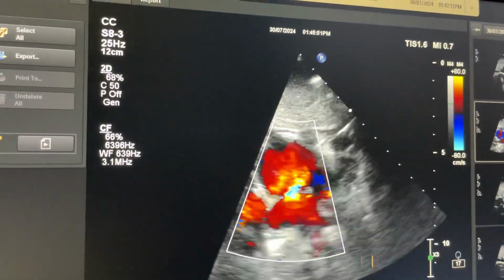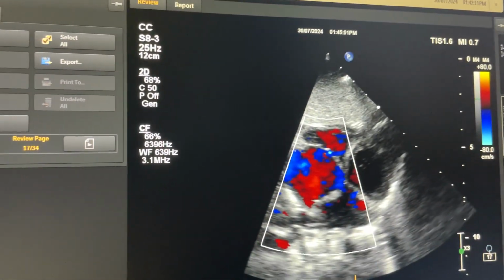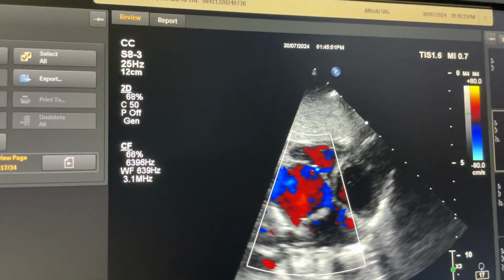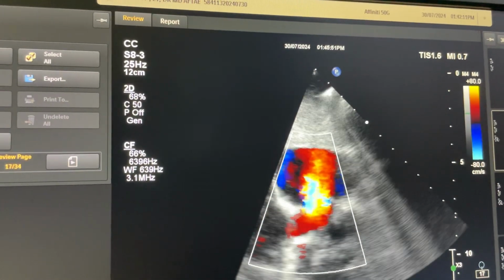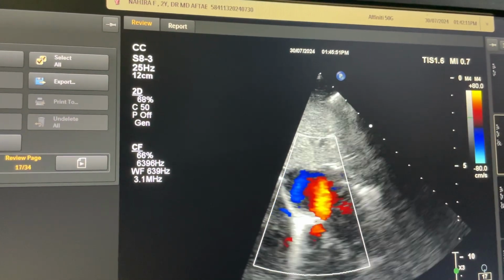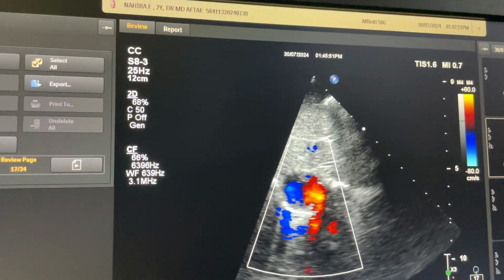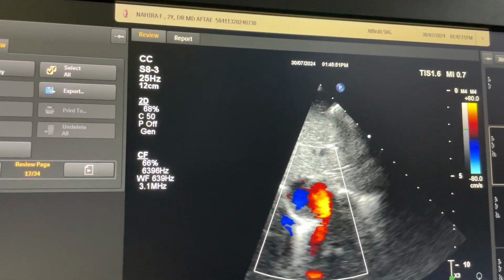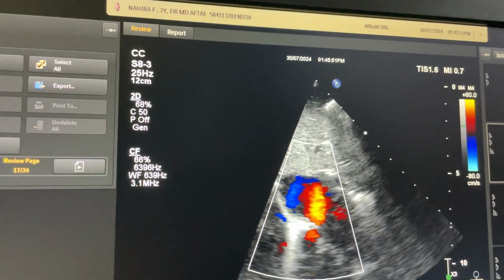So this is the four chamber view. Then this is the flow from left atrium to right atrium, then this is flow from right lower pulmonary vein into right atrium along with IVC flow.